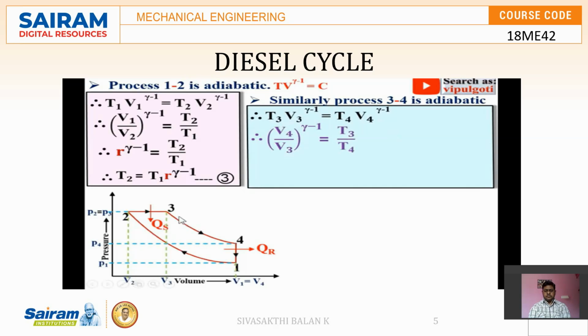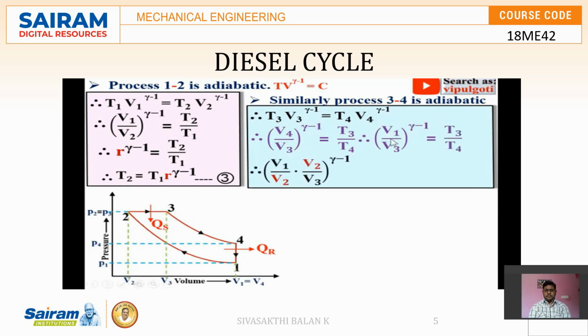Because V4 is greater than V3, and that is your expansion ratio. Now you know that V4 is exactly equal to V1, so instead of V4 I can write V1. So this is V1 by V3 raised to gamma minus 1 is equal to T3 by T4.